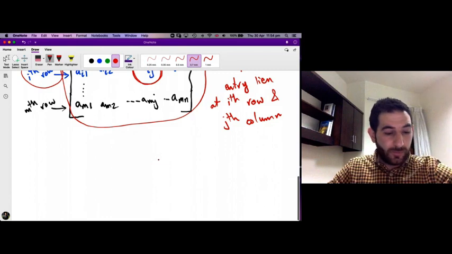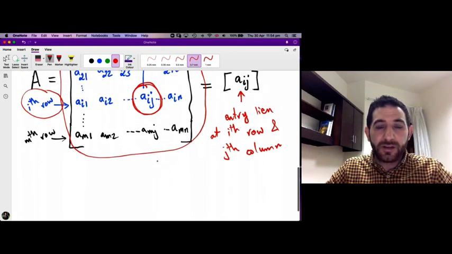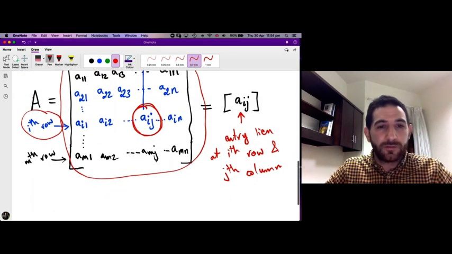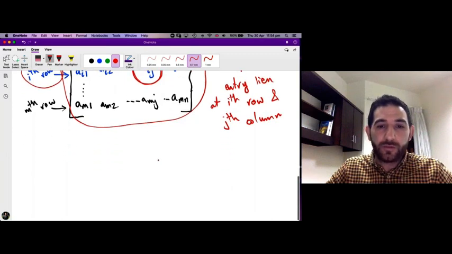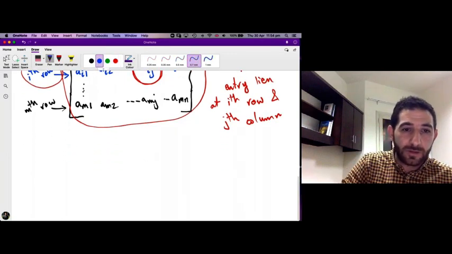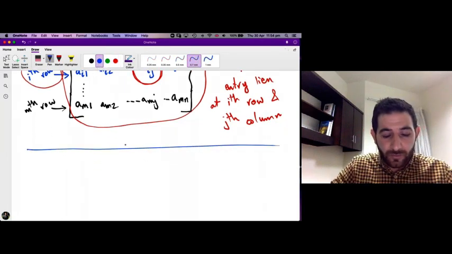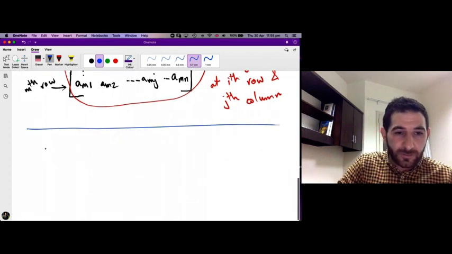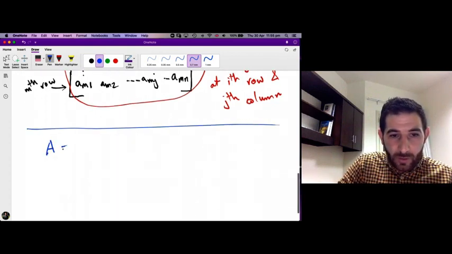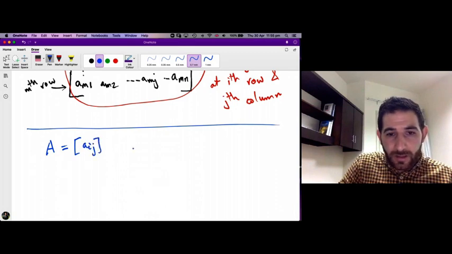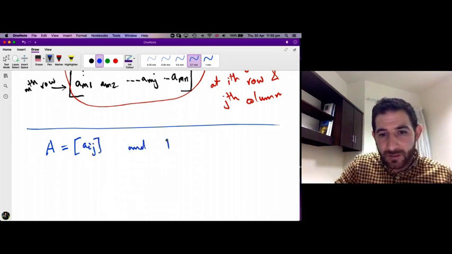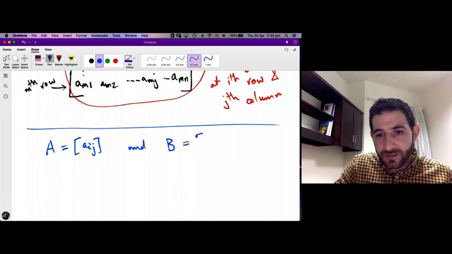Now we want to define some relation on matrices. We want to define when two matrices are equal, when we will consider two matrices equal. So suppose we have a matrix A whose entries are denoted by Aij, and another matrix B whose entries are denoted by Bij.